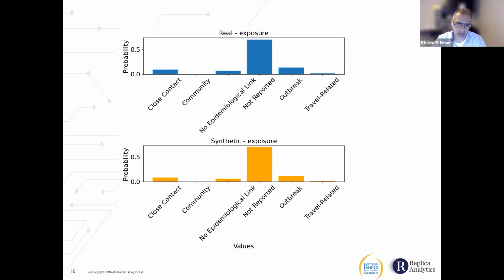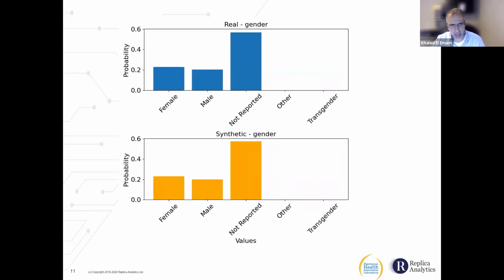The synthetic data follows quite closely the distributions in the real data set. And finally, gender. Again, this is across the whole 100,000 records. For Ontario, we have a more complete subset. I have here similar distributions between real and synthetic variants of the data set. So we created a synthetic data set that looks quite similar from a univariate perspective to the real data.